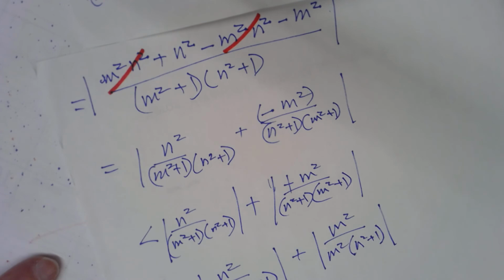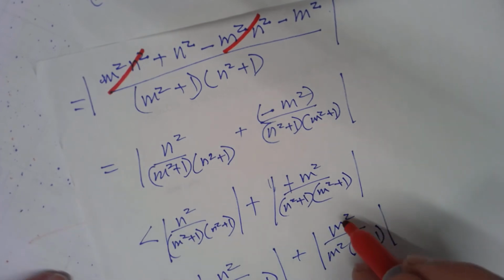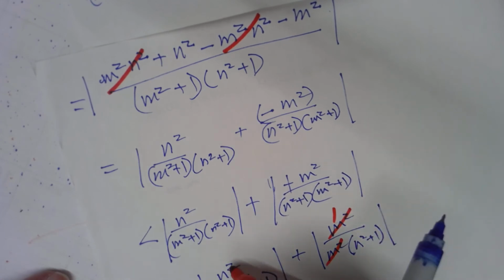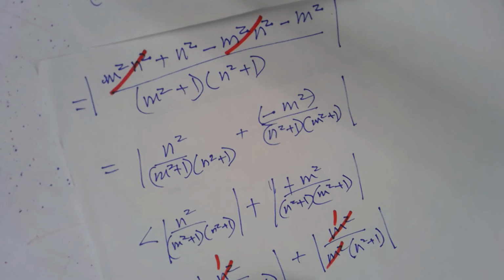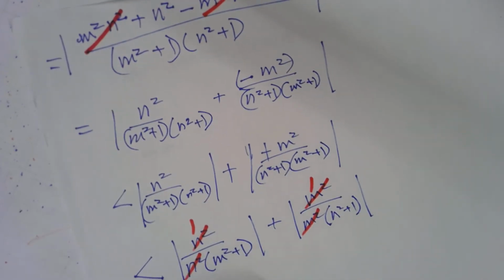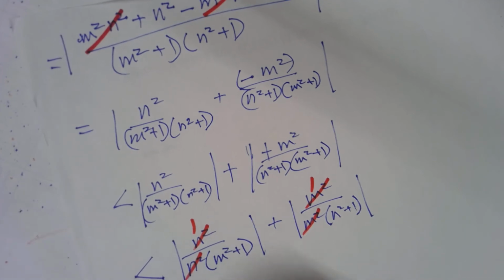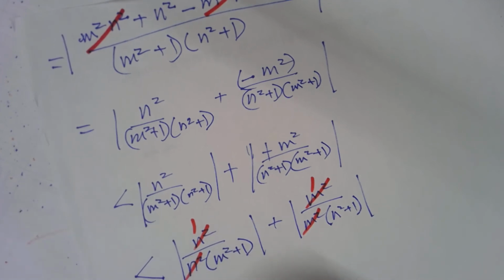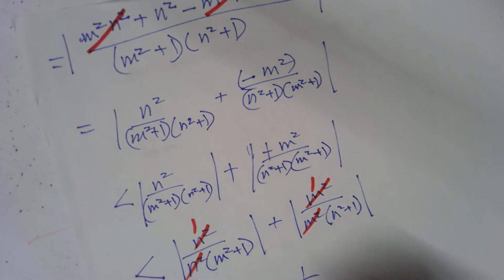And so the m squares cancel, excuse me, and that goes to 1. The n squares, they cancel, that goes to 1. So we get here, and so that's going to equal 1 over m squared plus 1 plus 1 over n squared plus 1.